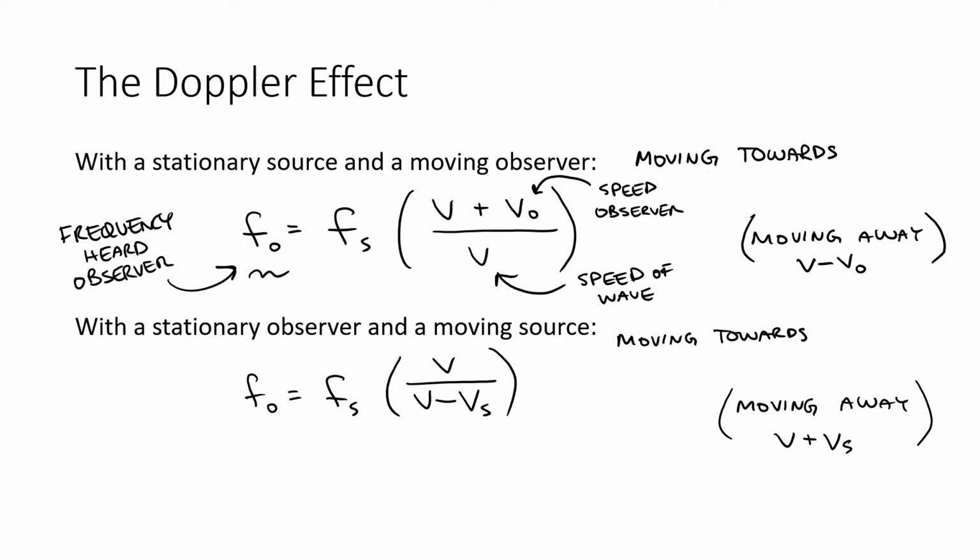And since people got irritated having to use two different versions of this, they came up with a general form. So they just took the two and they spliced them together.